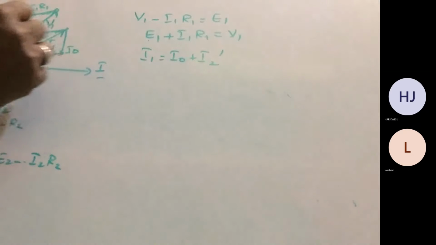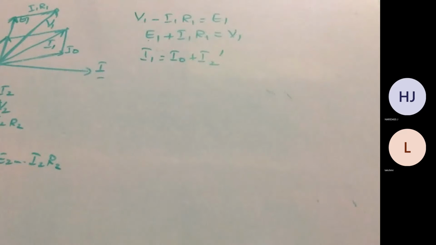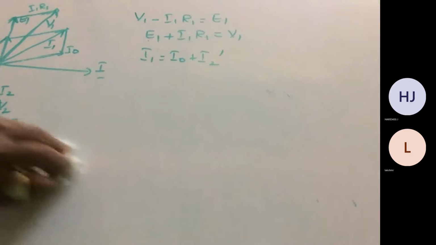Draw the parallelogram and identify the resultant I1. Okay. Suppose the same will be for an inductive load. If it is an inductive load, how can we draw it? If it is an inductive load with resistance.